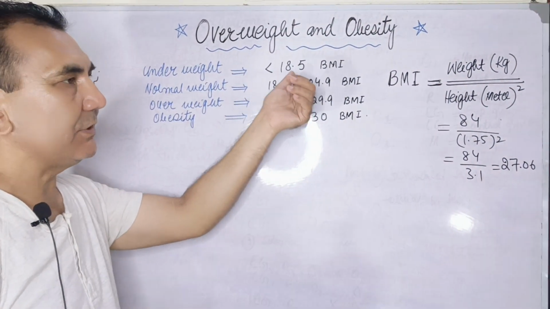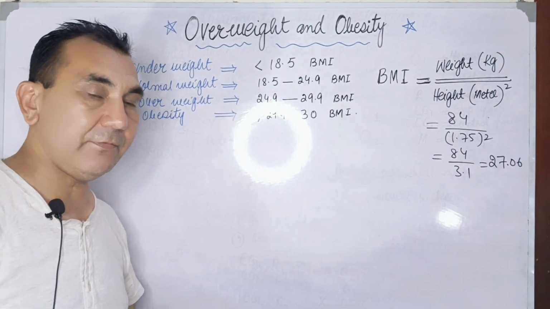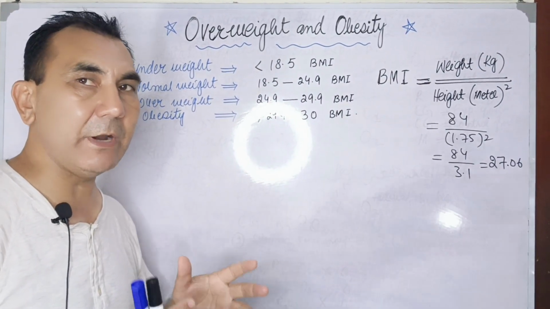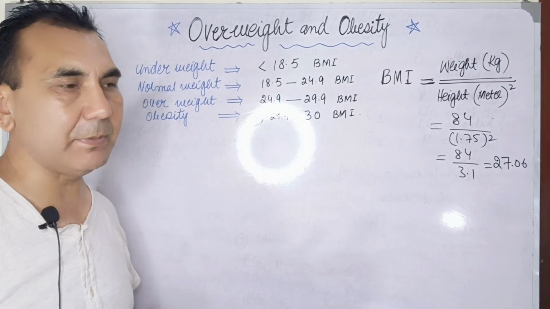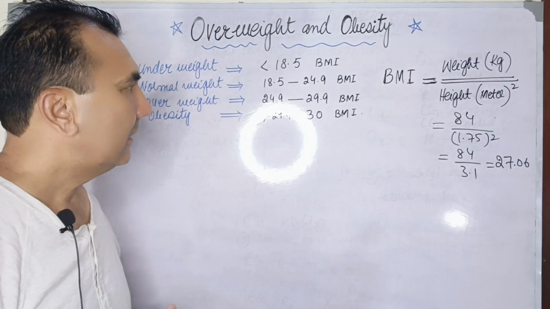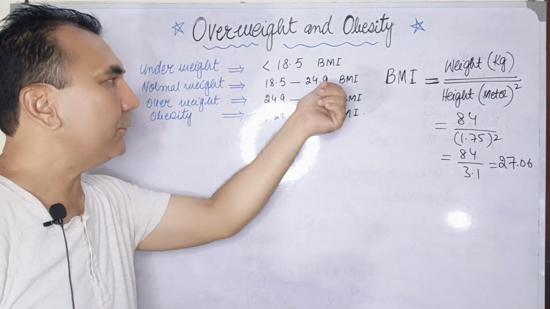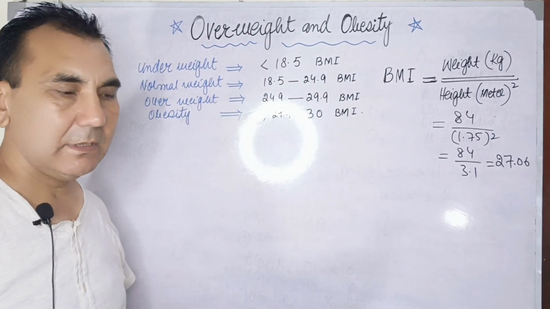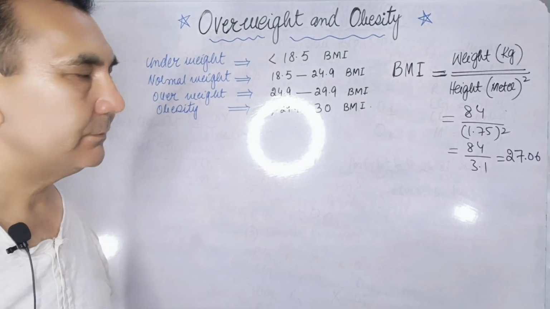If the calculated BMI is less than 18.5, then we can say the person is underweight. If the BMI is between 18.5 and 24.9, we can say this person is normal weight.